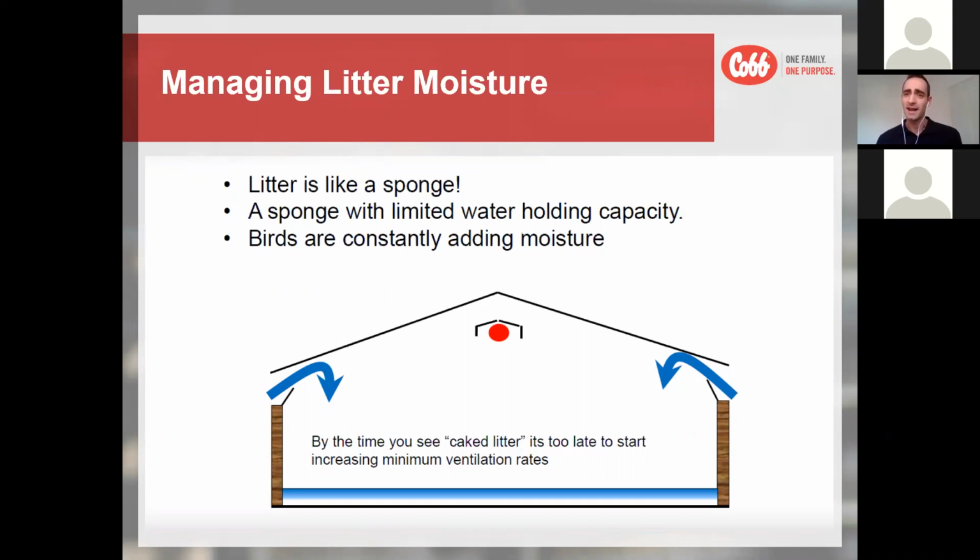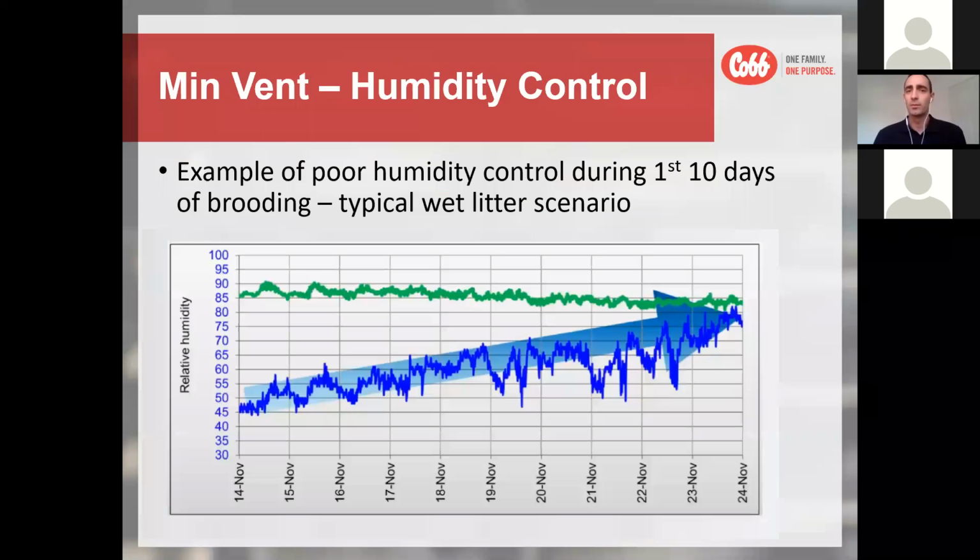So if you see that at day 21 you've got wet litter, it's because your minimum ventilation, how you were ventilating, was not enough a week or 2 weeks prior to that, because the moisture slowly built up over time. And this is a good example of poor humidity control in the houses that's going to lead to a wet litter scenario.